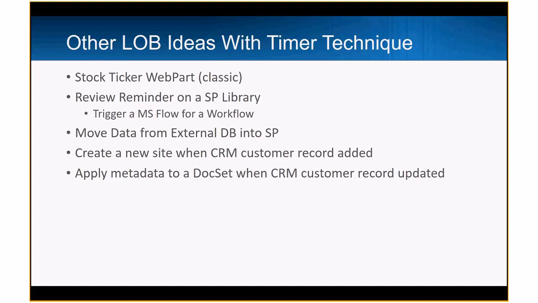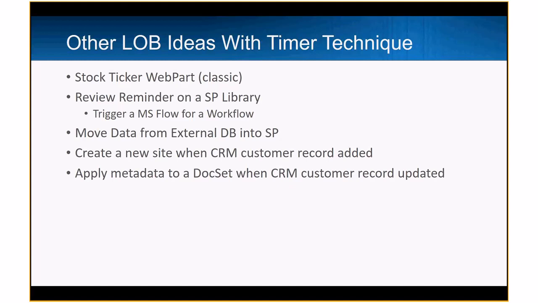Let's see, review, yeah, this is a good one. So we run into customers whose legal department needs to look at different documents in different time frames, right? So you could think of a library that has a bunch of legal documents, and on the legal document, the lawyer would say, this one I need 60-day review, this one I need 30-day review, this one I need 120-day review, right?